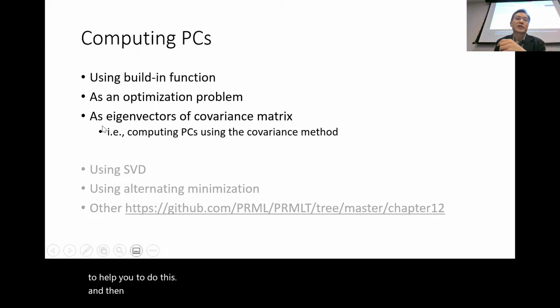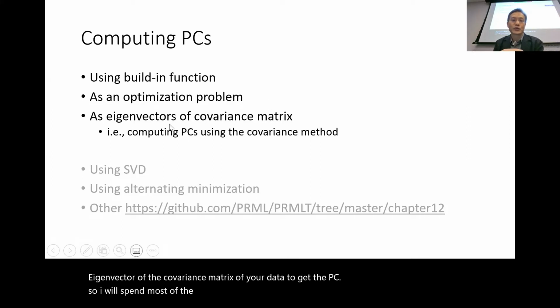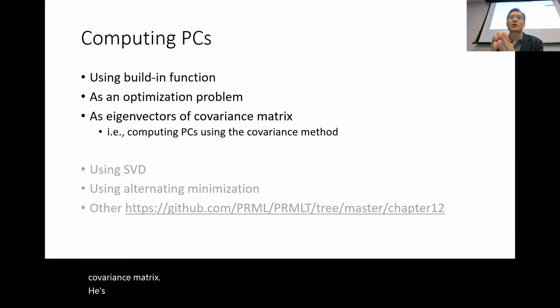And then the most commonly used algorithm is to use the eigenvector of the covariance matrix of your data to get the PC. I will spend most of the time soon to explain why this is true. The eigenvector of the covariance matrix is the rotation matrix you want to find.